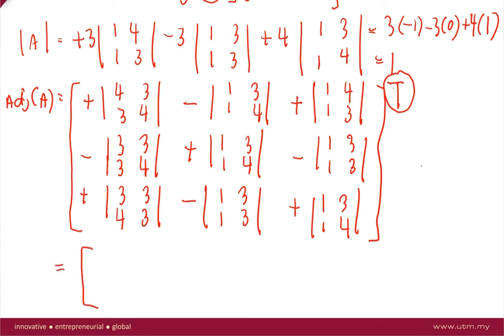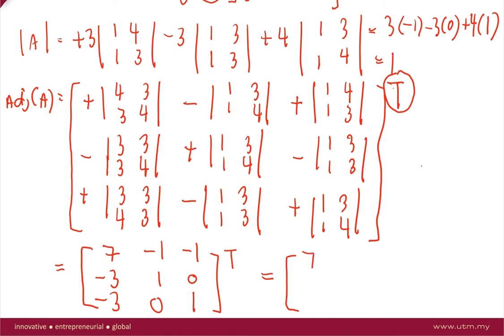Right, so you will have 7, negative 3, negative 3. After you calculate all of this, then you will get this cofactor matrix. So how to transform your matrix?